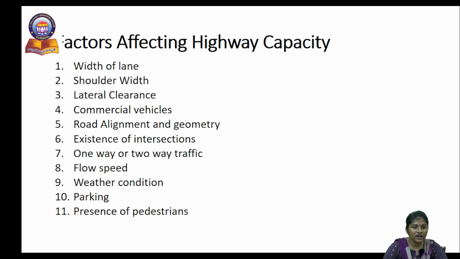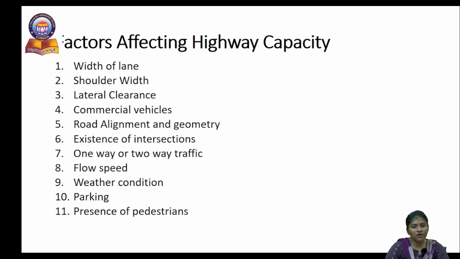If the weather condition is wet, that is, if it is rainy season, the condition of the pavement is wet and the weather is not clear, then the capacity will be less when compared to clear, sunny weather condition. So next, parking.